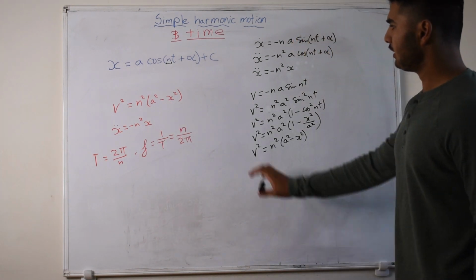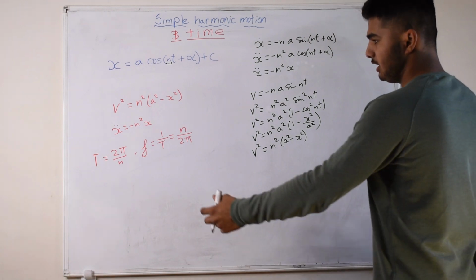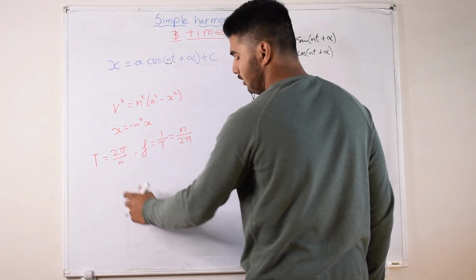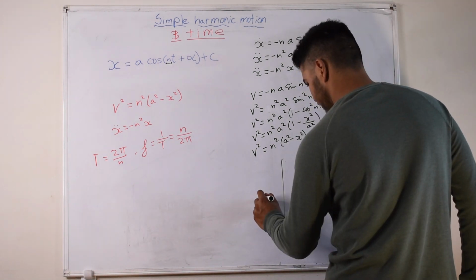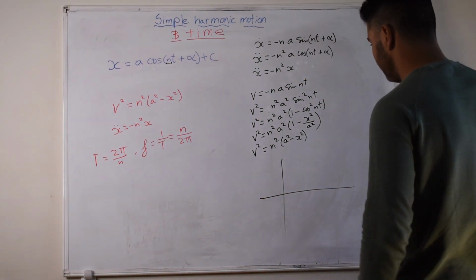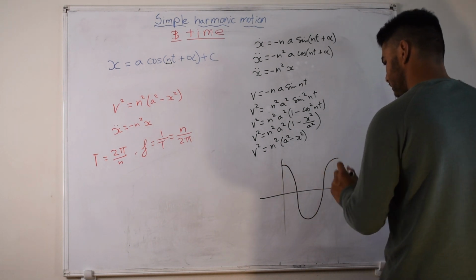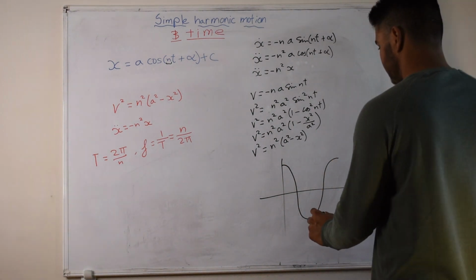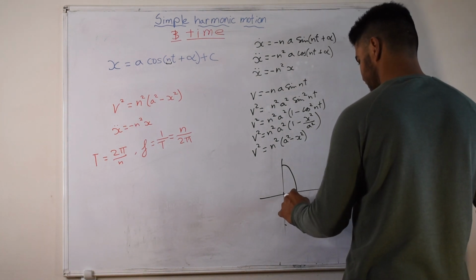So this is the period of a graph. In a way, if we draw a cos graph over here, the period is between this and this right here.